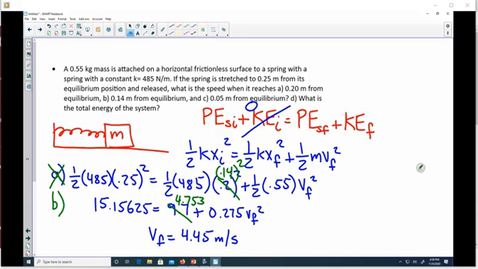And so if we replace 0.2 with 0.14, we find the final velocity is 6.15 meters per second.